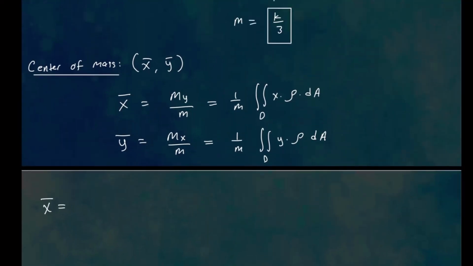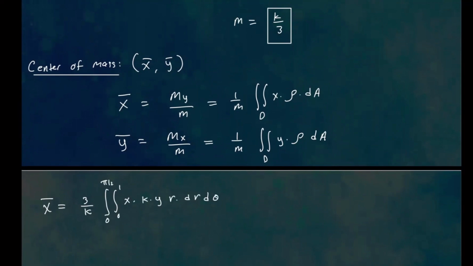If I reciprocate k over 3, that is going to be 3 over k, because it's 1 over m. Then we have the double integral, and we know our bounds are 0 to 1, and then 0 to pi over 2. We do x times rho. Rho was k times y, and then we have r dr d theta, so in polar coordinates.